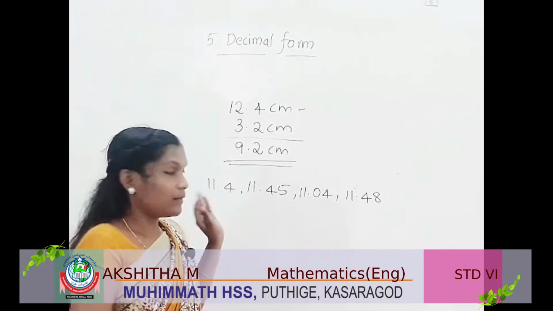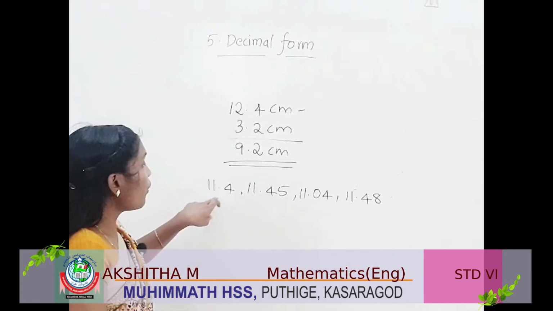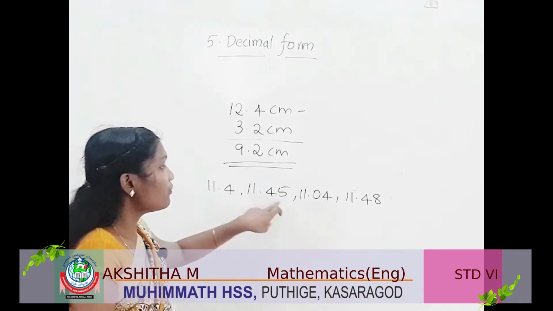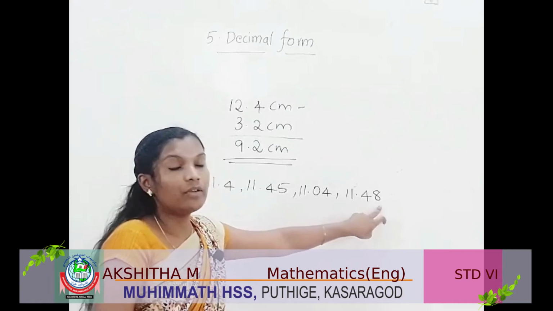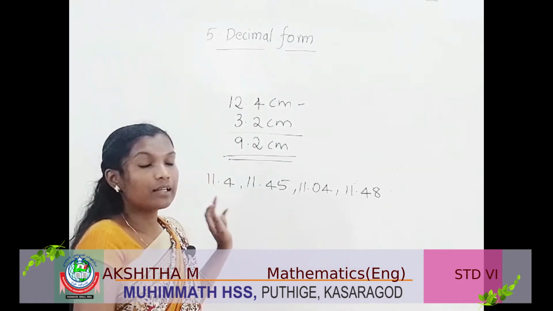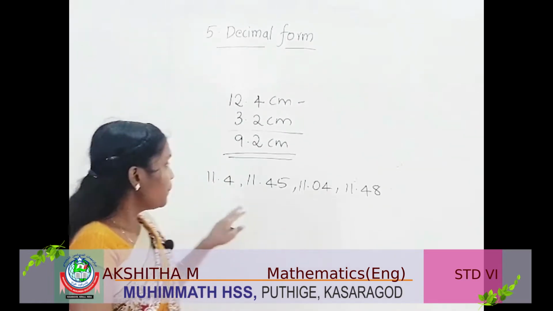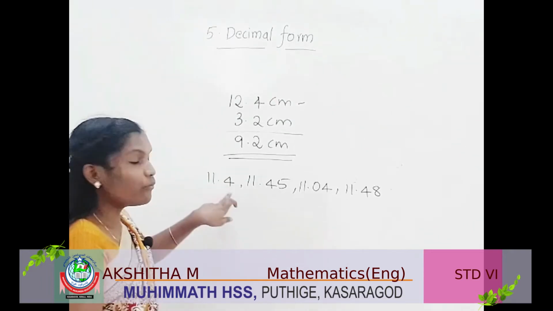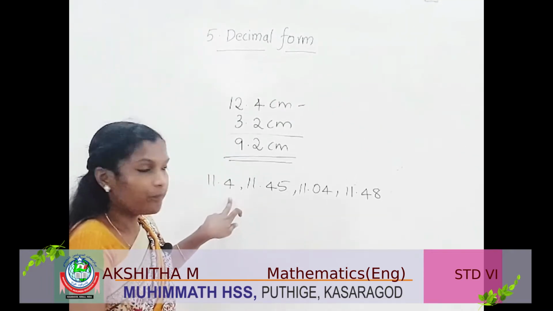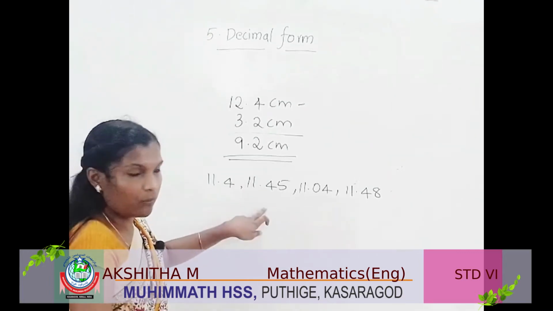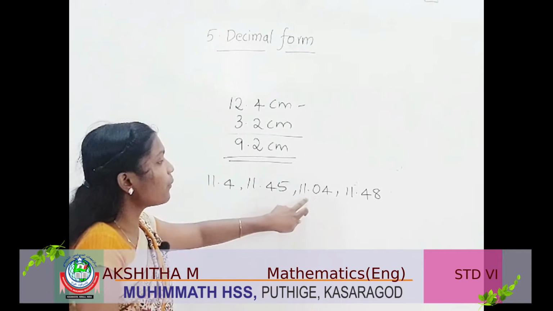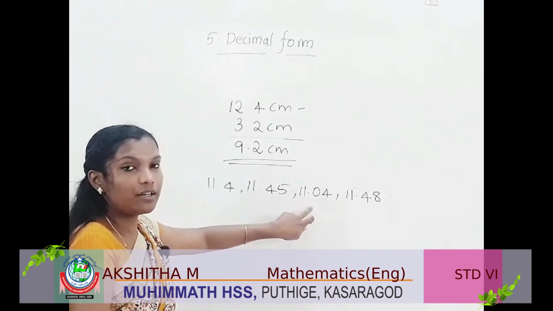You can see here some decimal numbers. 11.4, 11.45, 11.04, 11.48. Which is the largest number? Largest decimal number. Here 11.4 means 11.40. So the next number is greater than 11.40. Next number 11.04 is the small decimal number.